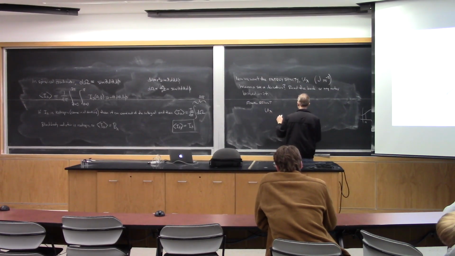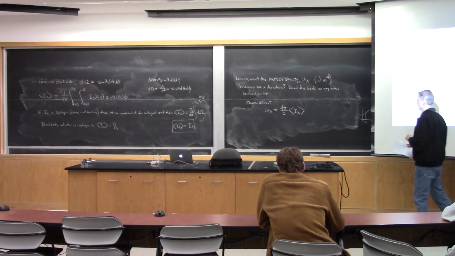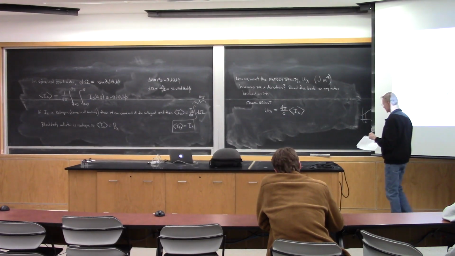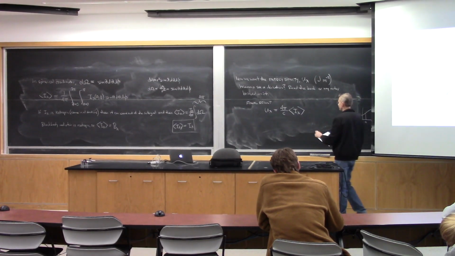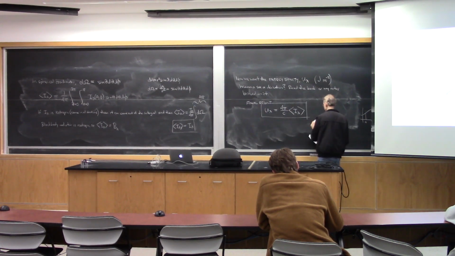U lambda is equal to 4 pi over c times the mean intensity. Turns out that if you know the mean intensity, multiply that by 4 pi over c, and you've got the energy per unit volume in the radiation field. That's a really important expression, so let's put a box around it.